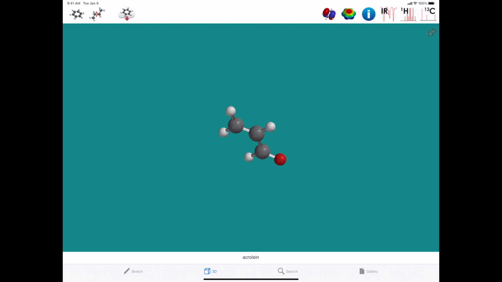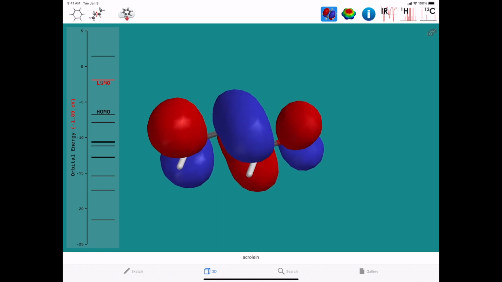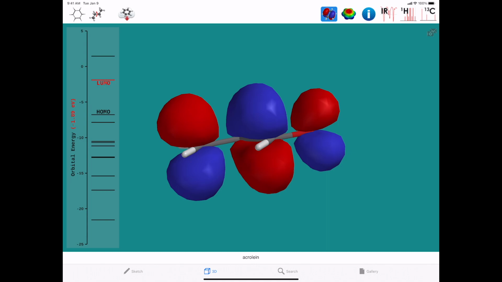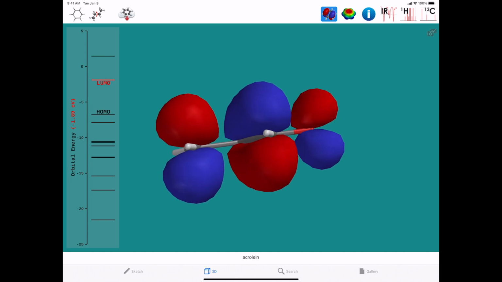Okay, here's an alpha-beta unsaturated aldehyde. The LUMO is on both the beta carbon, the carbonyl carbon, and the oxygen of the carbonyl group. But at least as far as the beta carbon is concerned, this looks very much like a pi star. You're going to have Bürgi-Dunitz angle issues here. There's going to be a preferred angle of approach.